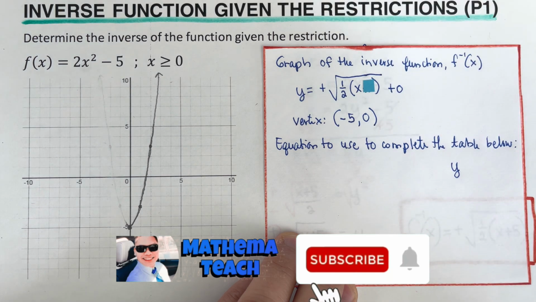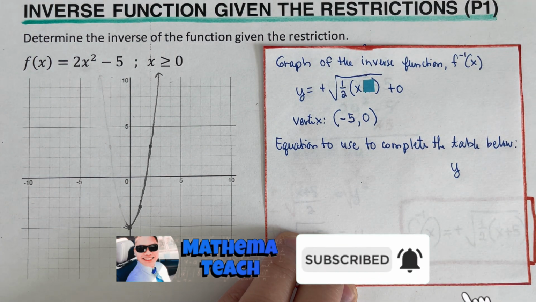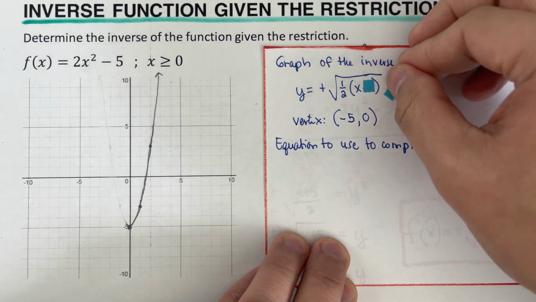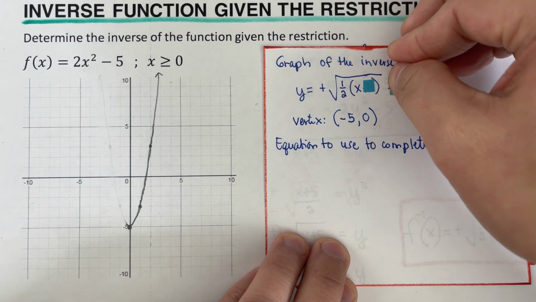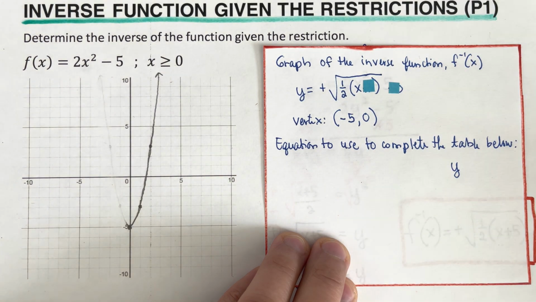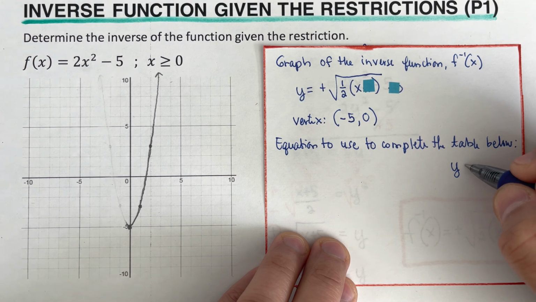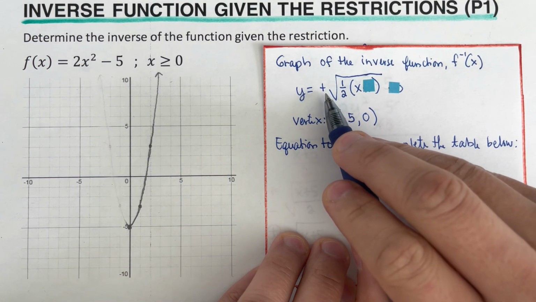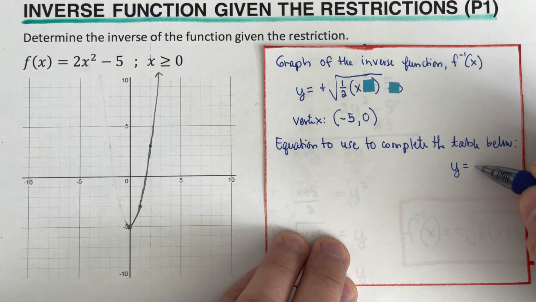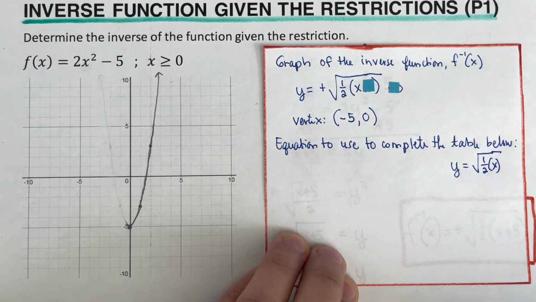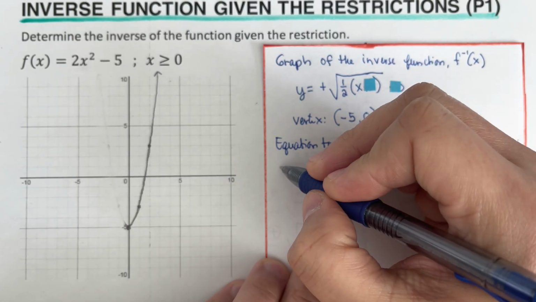So I cover this, and at the same time, we cover the value of the k. So I cover that, and whatever the leftover is, that would be the equation that we are going to use to complete the table. So that would be y is equal to, we don't have to write the positive right there, y is equal to the square root of 1/2 x, because the rest were already covered. So then we go ahead and write from the vertex.